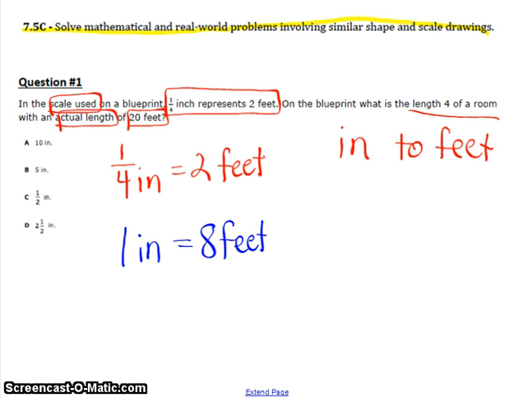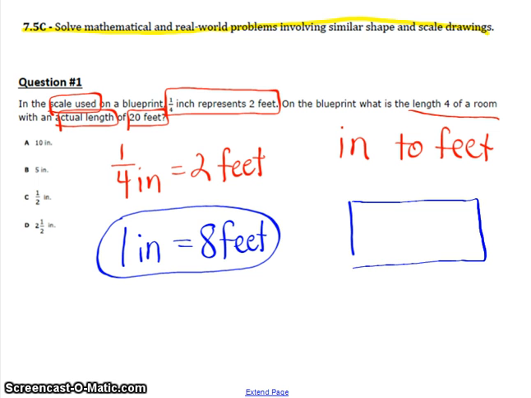I know that there are 4 1/4ths in one whole, so I would multiply the 2 times 4, and that would give me my 8 feet. This is the scale that would be easier to work with. So again, you are setting up a proportion. Your first ratio is 1 inch is equal to 8 feet. How many inches is 20 feet?